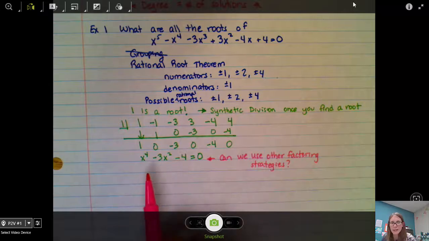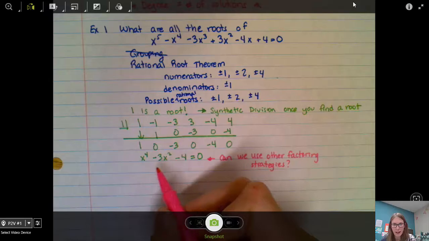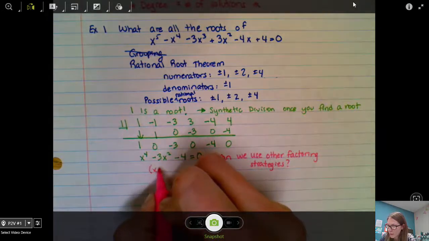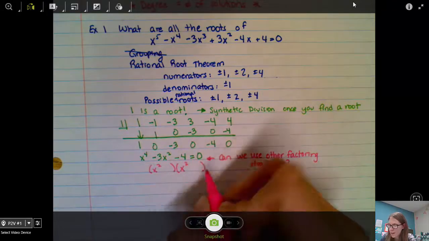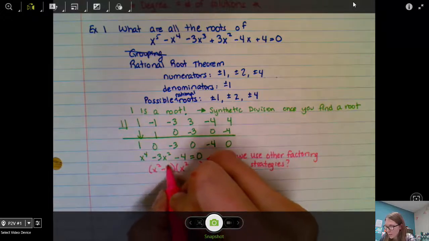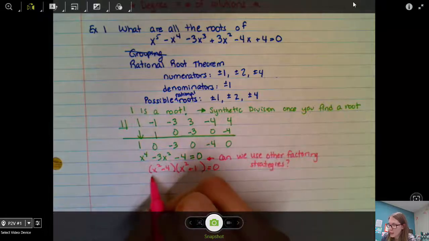Whenever I have an x to the 4th term, an x squared term, and then a number without an x, my first thought is, is this a fake quadratic? Are there numbers that multiply to negative 4 and add to negative 3? There are. So we factor with x squareds. My numbers that multiply to negative 4 and add to negative 3 are negative 4 and positive 1. So now I can set each part equal to 0.